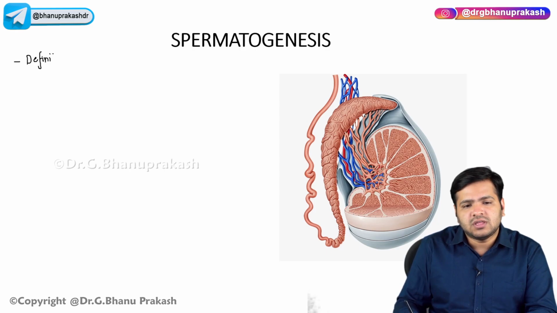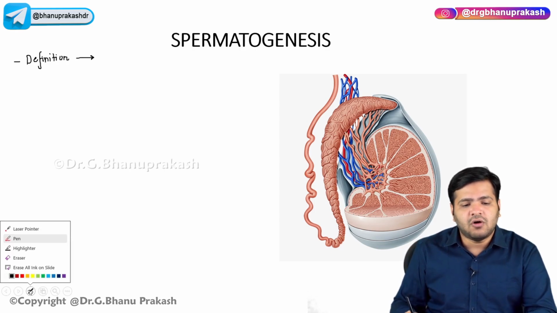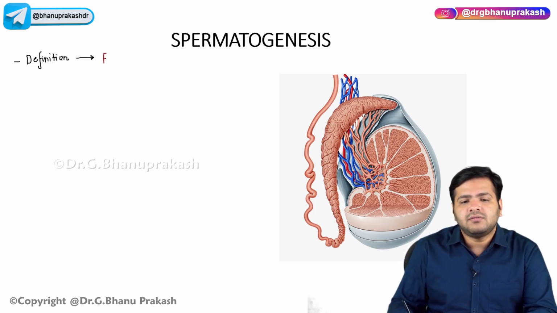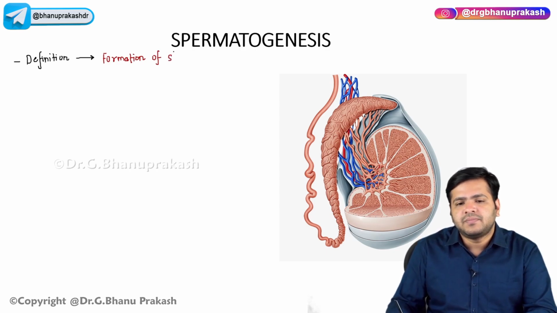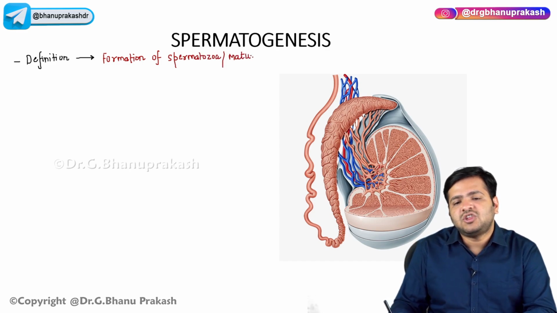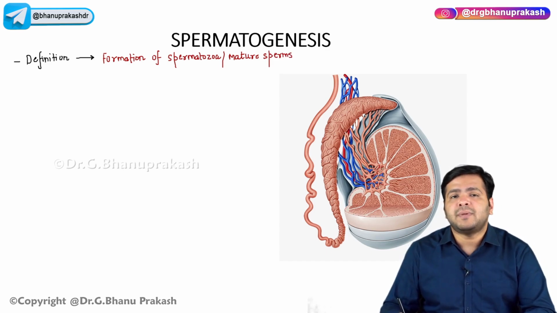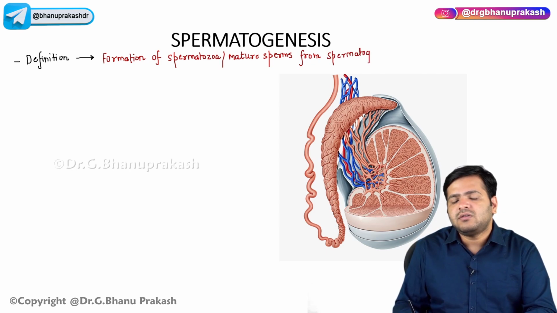Spermatogenesis is the formation of spermatozoa, or mature sperms, from spermatogonium or spermatogonia.